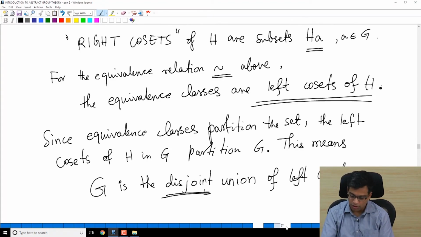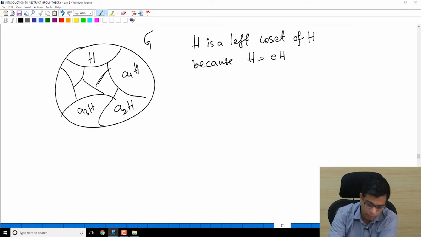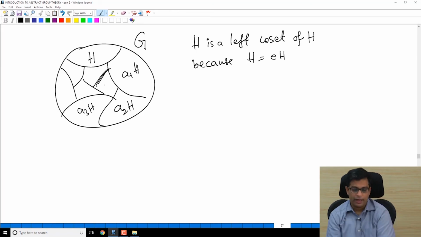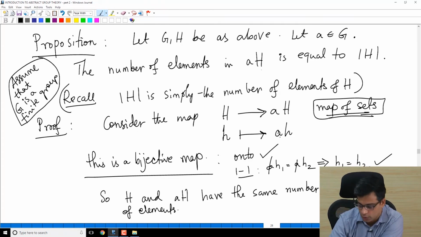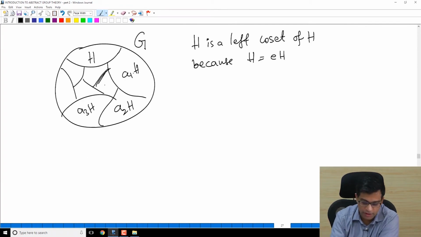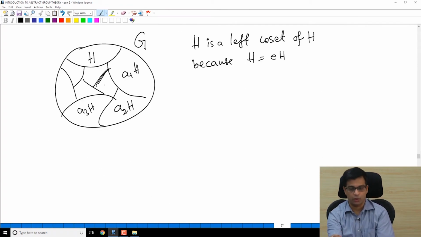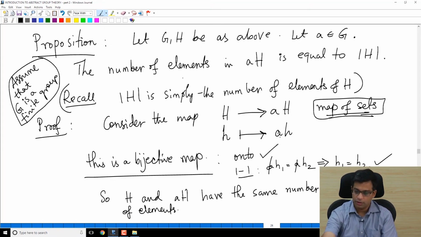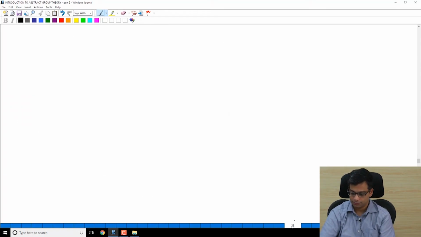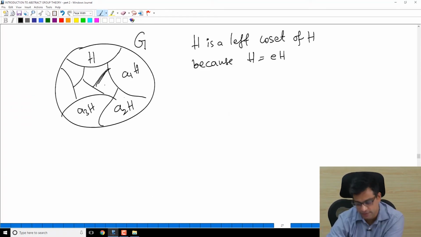So these cosets cover G. You have this coset union this coset union this coset, and so on, is all of G. And the previous proposition says that any two cosets have the same number of elements, because aH has the same number of elements as H, a1H has the same number of elements as H, and so does a2H. This proposition works with an arbitrary element a of G. So any two cosets have the same number of elements.